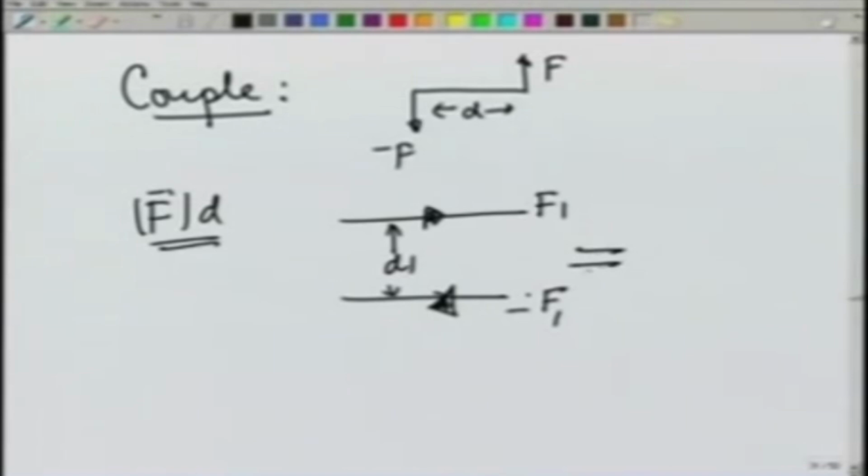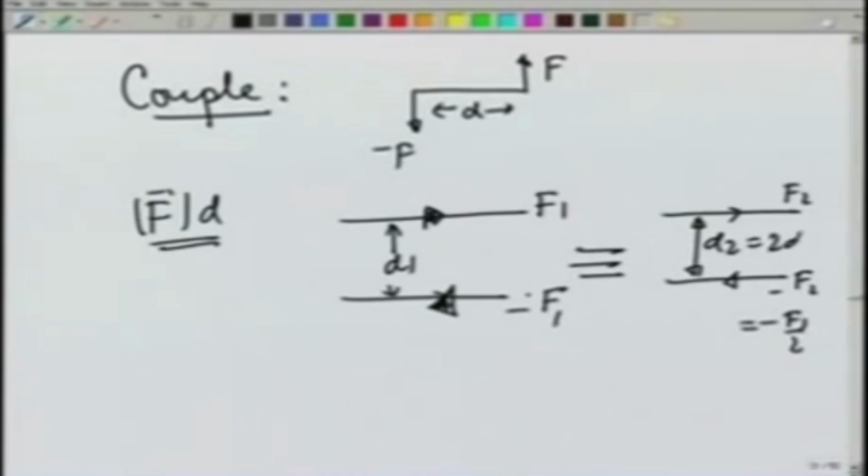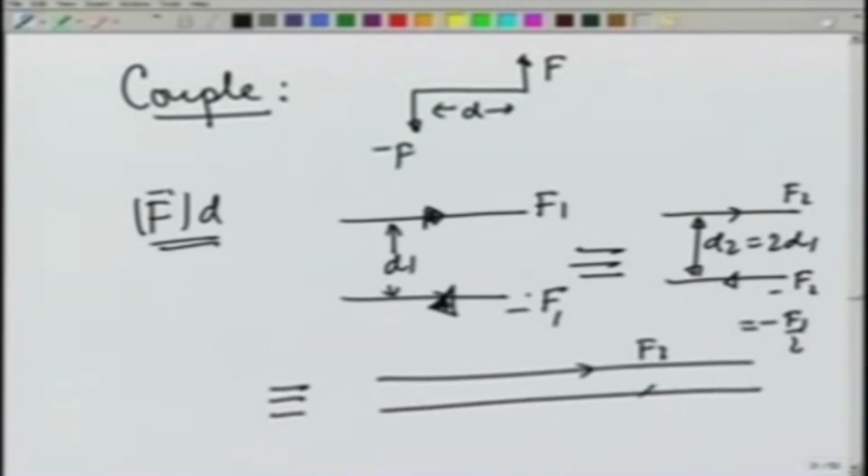This would be equivalent to a force F 2, which let us say is F 1 divided by 2, but the distance d 2, which is twice d 1, which will also be equivalent to a force F 3, minus F 3, let us say, which is equal to 3 times F 1, but displaced from each other by a distance of d 1 over 3. All three of them represent the same couple, because the net force is 0. So, there is no effect of the force.